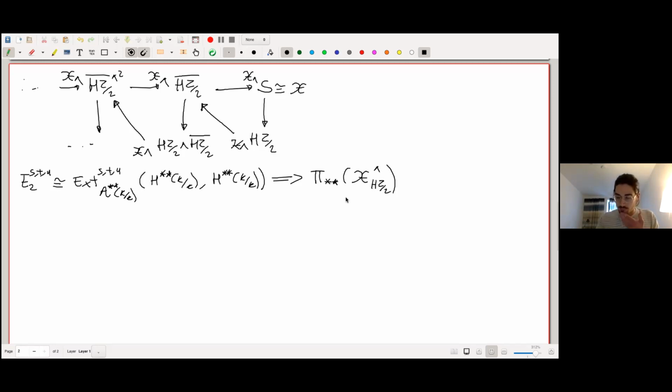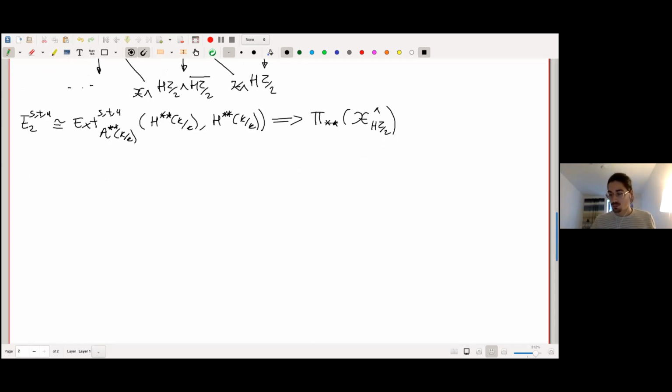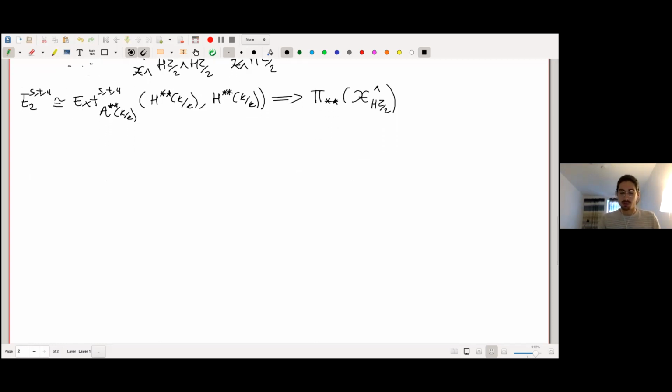Okay, so in order to get information on this object, we first want to study this E2 page. The first idea is to try to simplify it a bit, because it appears to be complicated. Maybe I will just say a few words on the simplification. We can consider some functors, from G modules to A0 modules, and then to A K over K modules.